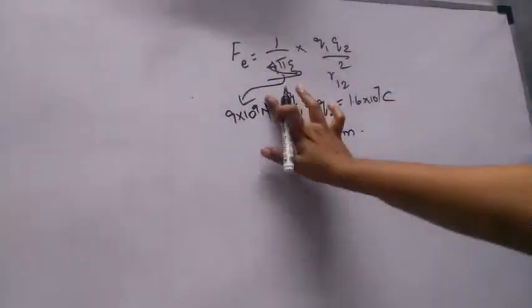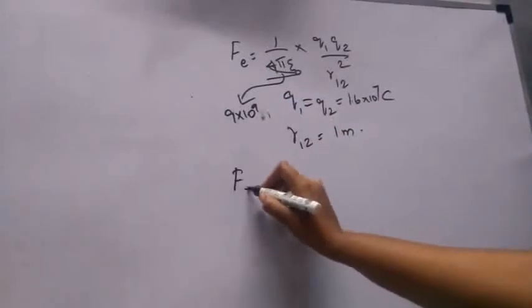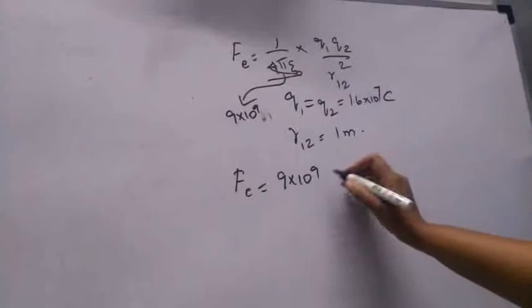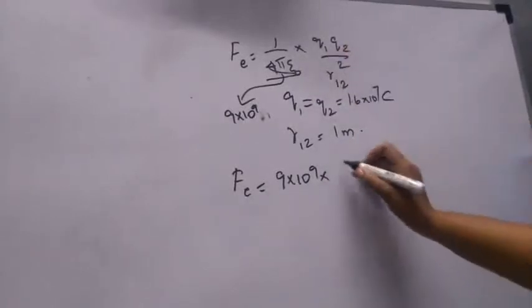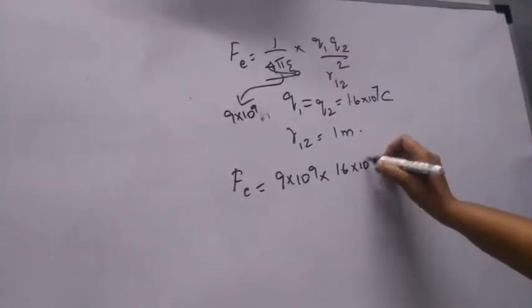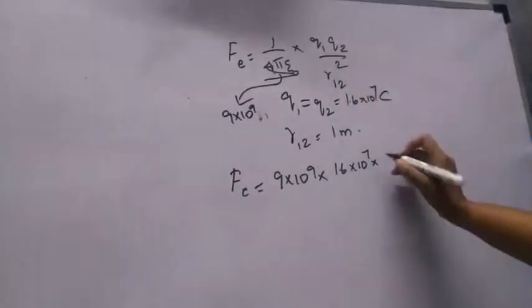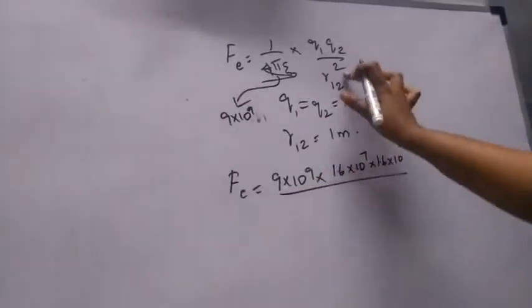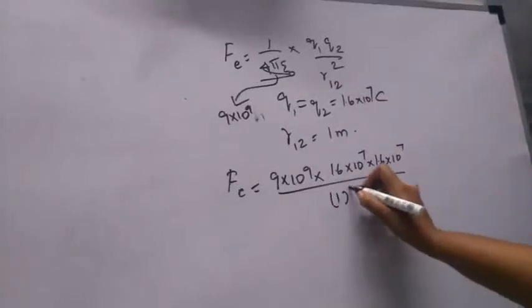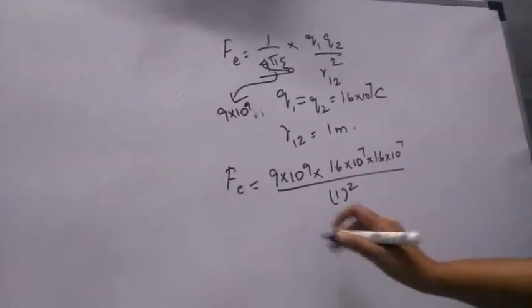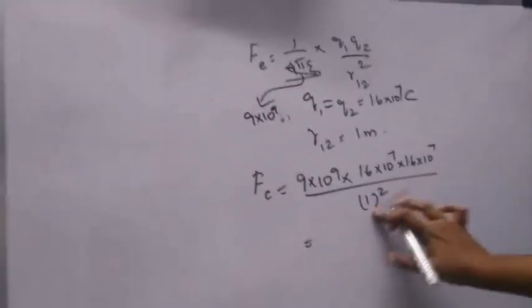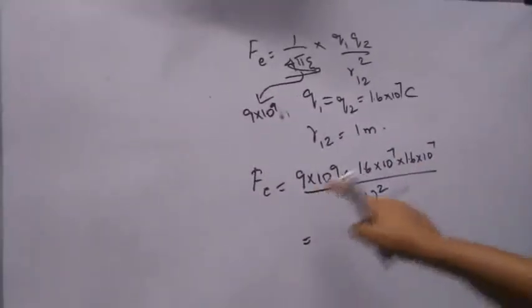So substitute there in the equation for Fe. It is 9 into 10 to the power 9 instead of 1 by 4 pi epsilon naught. And for Q1, it is 1.6 into 10 to the power 7. And again for Q2, it is 1.6 into 10 to the power 7 divided by R12 square, which is 1 square. So 1 square is simply 1 into 1, which is simply 1. So anything divided by 1, you'll get the numerator value.